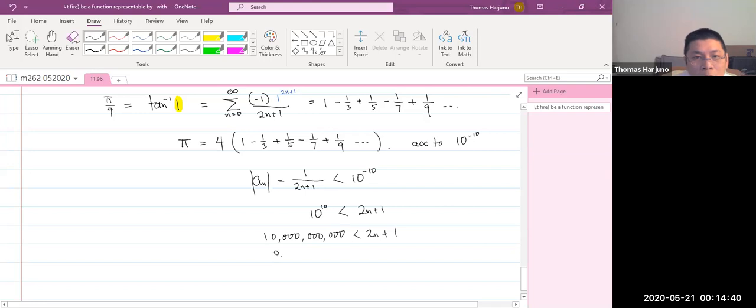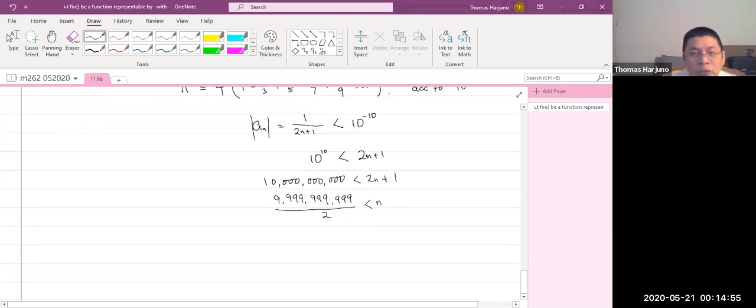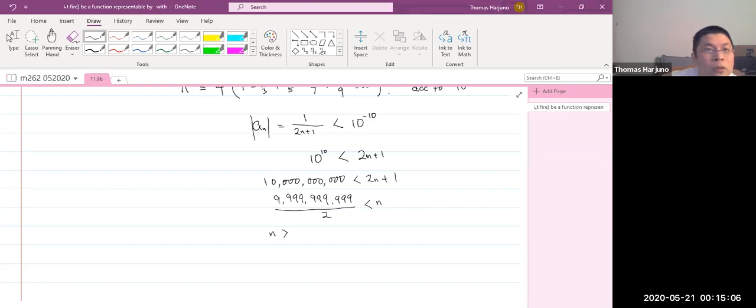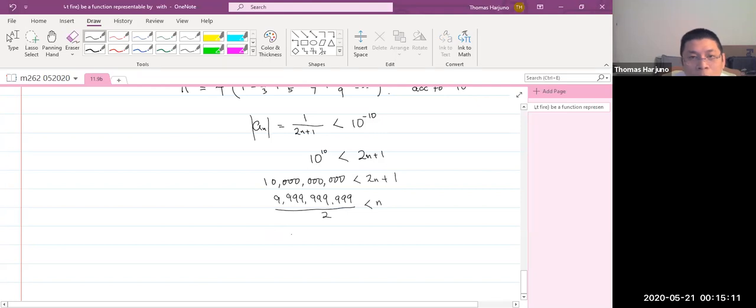So 9,999,999,999 divided by 2. And this n has to be an integer. So we can say n at least has to be greater than or equal to this, and because n has to be an integer, it has to be more than 5 billion.